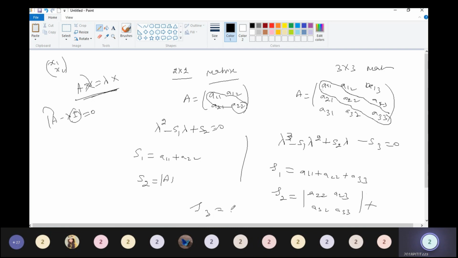And s3 equal to determinant of A. Solving the characteristic equation, we get the eigenvalues of the matrix. So this is a shortcut method for finding the characteristic equation for 2 by 2 and 3 by 3 matrices, set equal to 0.